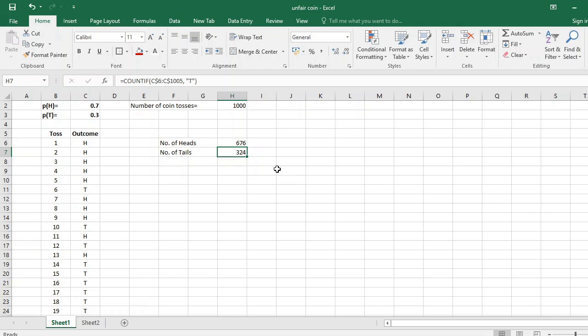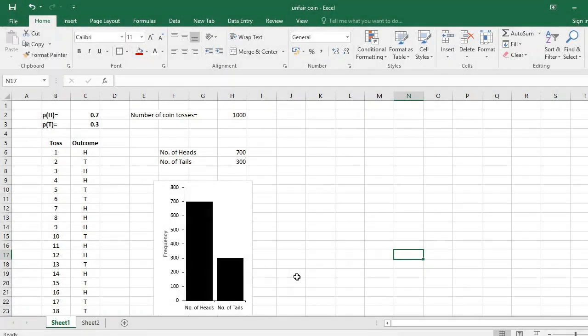Now let us generate a bar graph and see how we can depict the data in a graphical format. Since this is not a video to show how to draw a bar graph, I have actually done it well in advance, and as you can see, if I keep pressing the F9 key, the whole sheet will keep recalculating itself.